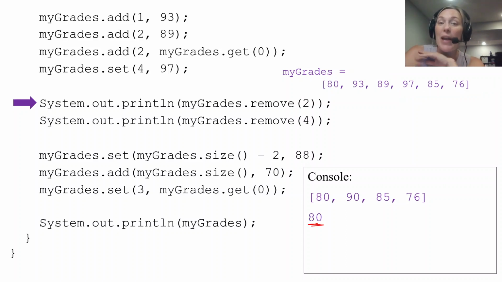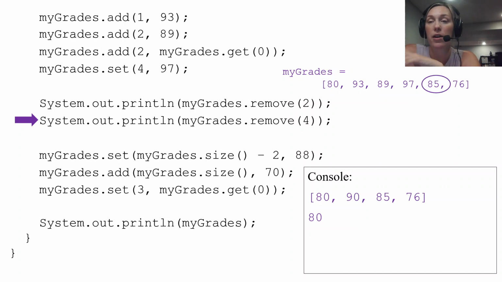So 80 was removed and then printed to the console. We're going to have the same situation for remove 4. 85 is at index 4. So it's going to get removed and returned to the method call where it will get printed off. And it's also removed from mygrades.